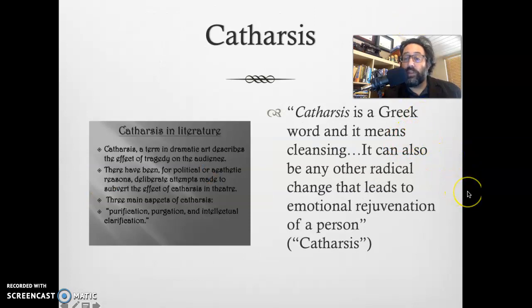Catharsis is a wonderful thing to have in a narrative or descriptive piece of writing. It is basically a moment of realization that can happen usually later in a story. Or as it states here, intellectual clarification.